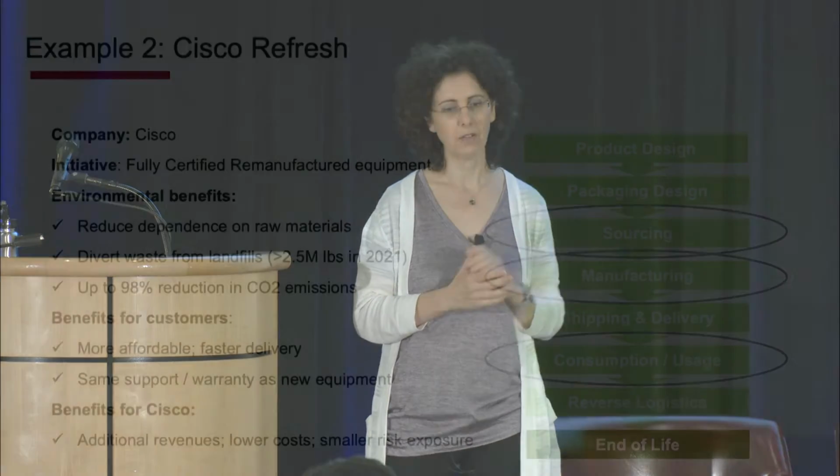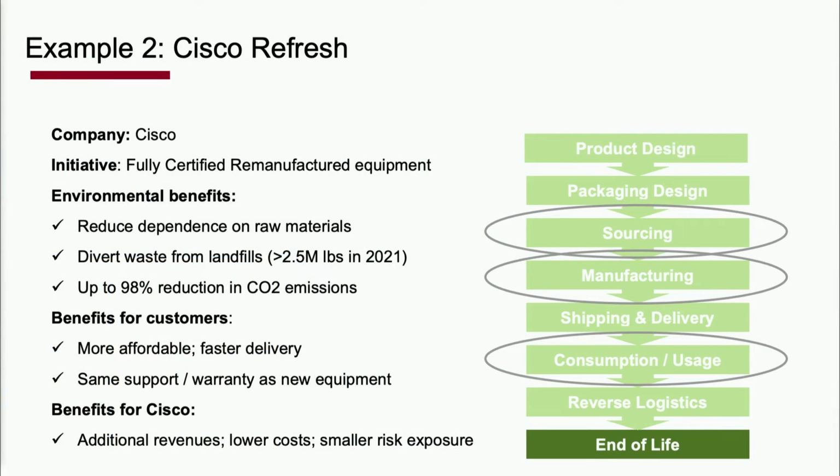The second example is of Cisco Refresh, which is their line of fully certified remanufactured equipment. Basically, the way it works is that whenever Cisco customers, say, upgrade their existing equipment, or for any other reason they don't need the equipment that they currently own, Cisco collects it. They repair whatever needs to be repaired.